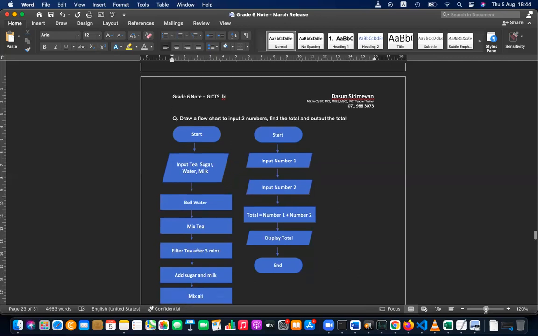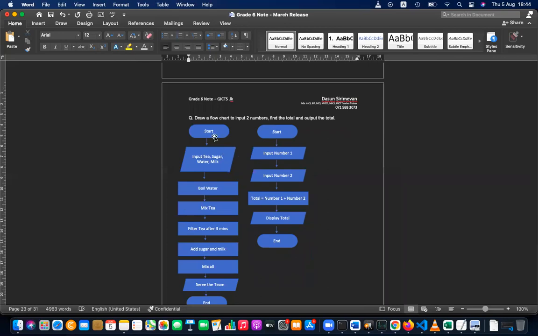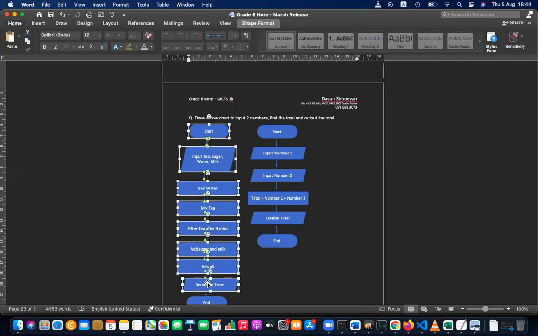I'm going to remove that for the moment, otherwise it will be confusing having two flow charts on the same interface. So let's delete this for the moment.